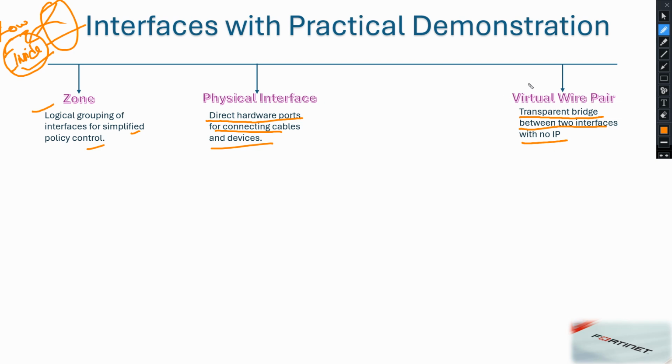If you want to know more about this virtual wire pair, just watch the previous video. Next, let's talk about the sub interfaces, or what all the interfaces are that you can create with the given interfaces.